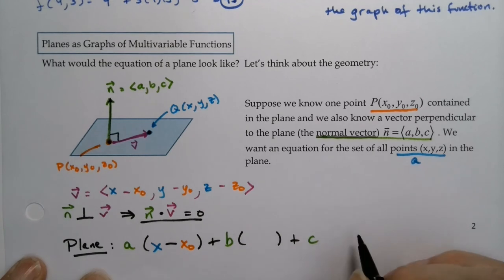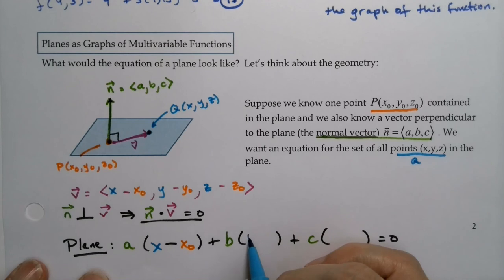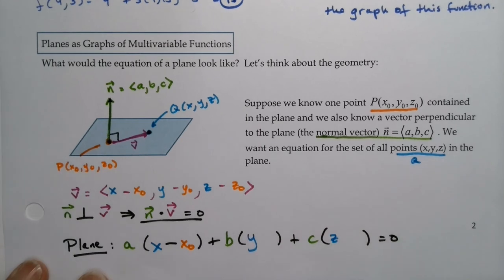Then this will be y, this will be z, and this is y0, and this is z0.